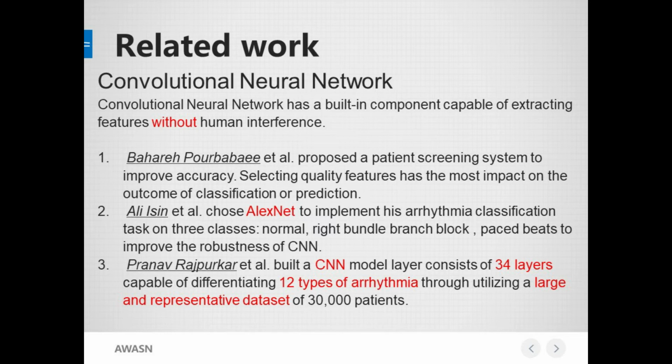As for convolutional neural network related work, which already has a built-in component capable of extracting features without human interference, there is the AlexNet CNN model, which consists of 34 layers utilizing a large dataset. Despite outperforming the average cardiologist on sensitivity and F1 metric, misclassification occurs in arrhythmias sharing similar morphology.